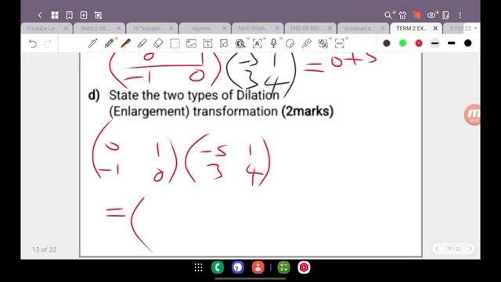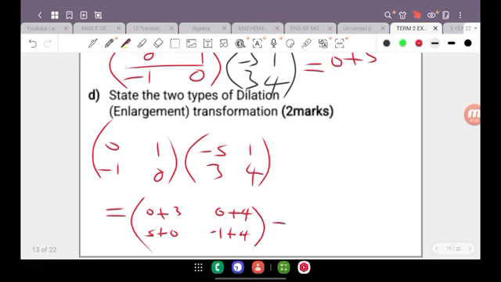So 0 times negative 5, that's 0, plus 1 times 3 is 3. Then 0 again times 1, that's 0, and 1 times 4 is positive 4. Then row by column here: negative 1 times negative 5 is positive 5, and 0 times 3 is 0. Negative 1 times 1 is negative 1, plus 0 times 4 is 4.